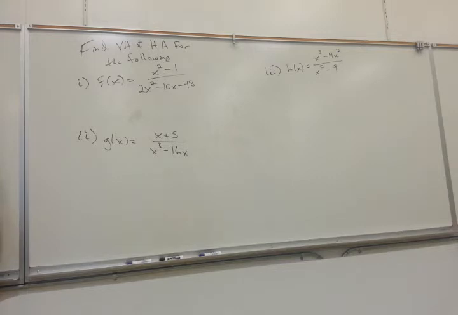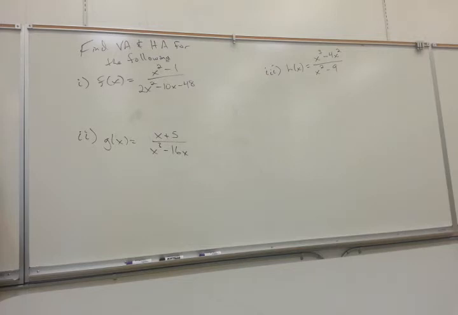Did you factor that one already? 8 and 3? Negative 8 and positive 3. Oh, yay! X minus 8, x plus 3. So the vertical asymptotes are x equals 8 and x equals 3.